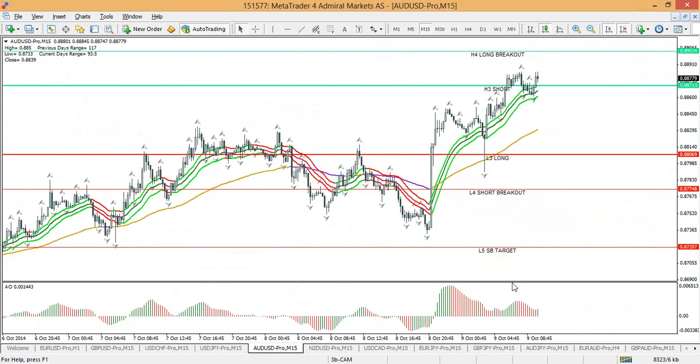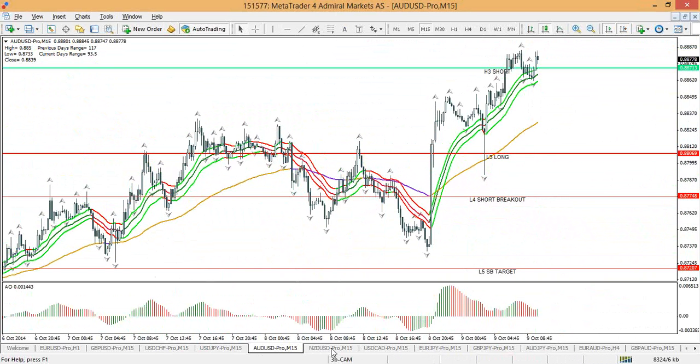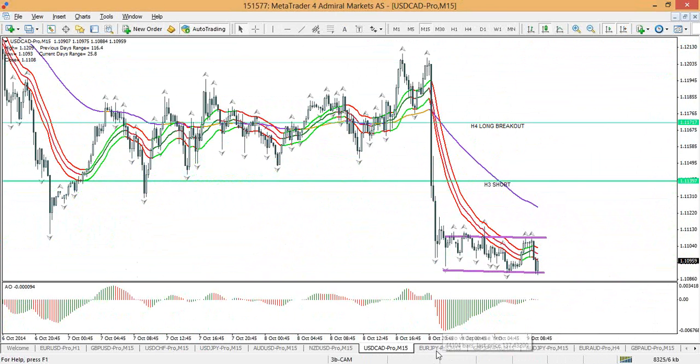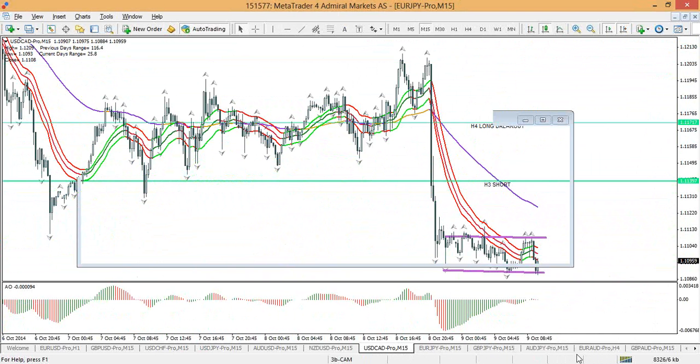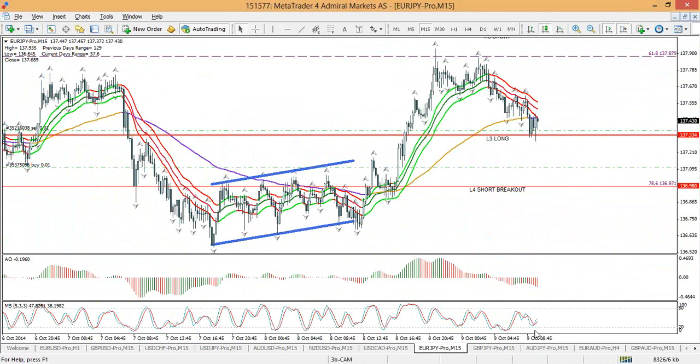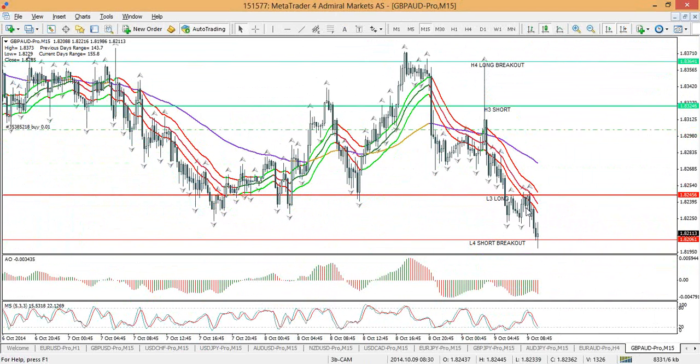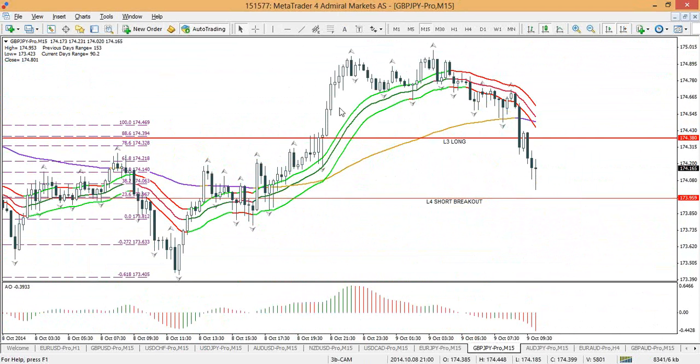So it looks like these are stronger. Let's take a look maybe at some crosses, like for instance, Bob mentioned pound aussie, to see if the crosses could be interesting too, because if indeed the aussie is strengthening, like the yen, the pound yen and pound aussie could be moving down, as we see here. So those could be interesting as well.